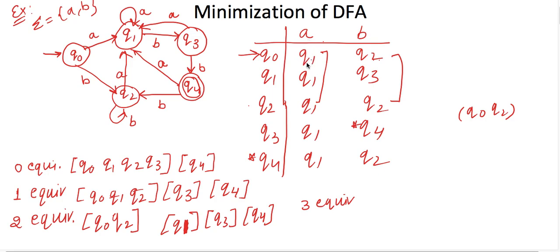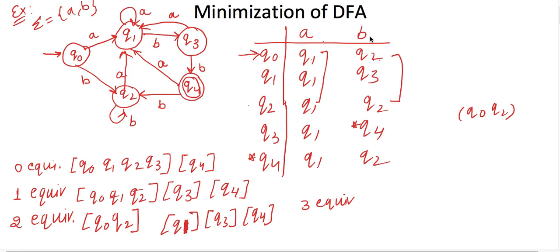Q0 on A. Now you will be watching here, not here. We have to find 3 equivalent, so we will be watching for the same type of group in 2 equivalent. Just the previous equivalent we have to check. So Q0 on A is Q1 and Q2 on A is Q1.